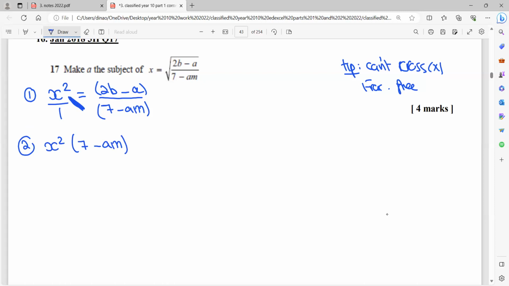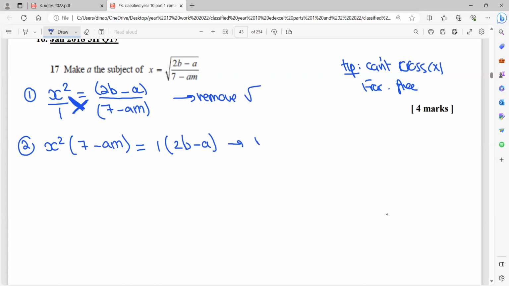Why do I tell you to put brackets? Because some people forget and write x power 2 times 7 and forget the rest. So this is why I insist on the brackets. And of course, the operation between x power 2 and the bracket is times. Equals, these two multiply together: 1 times 2b minus a. So step number 1 is remove the root.